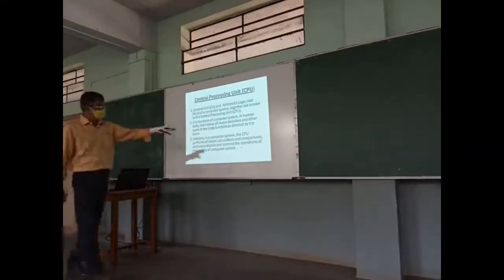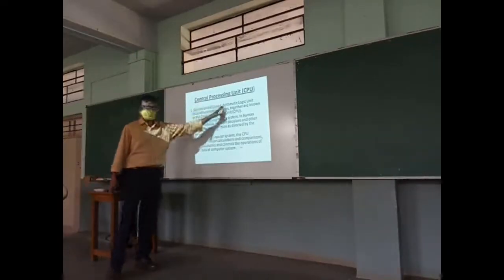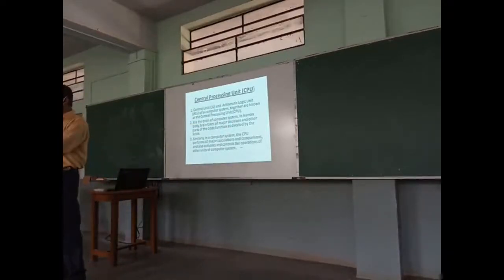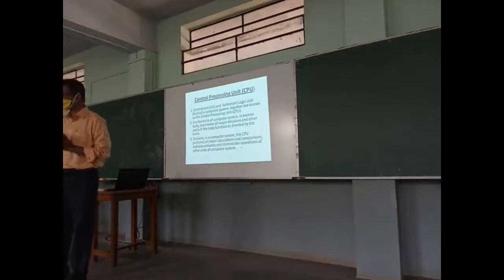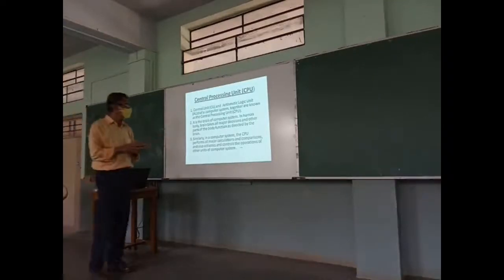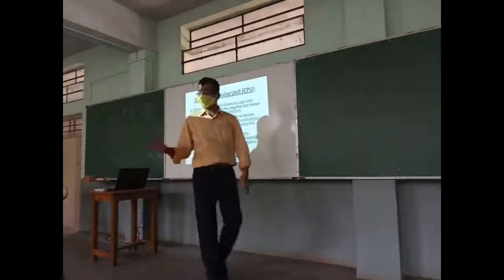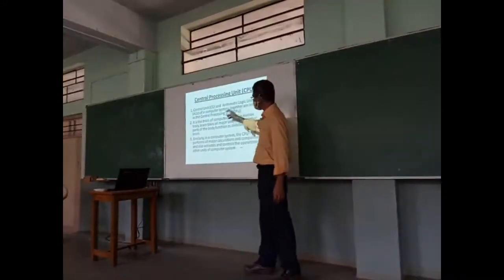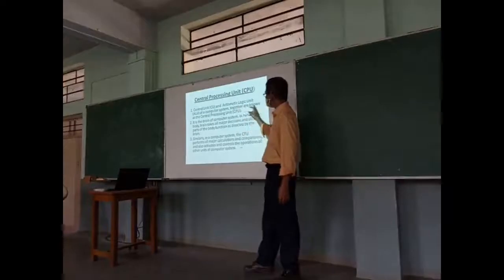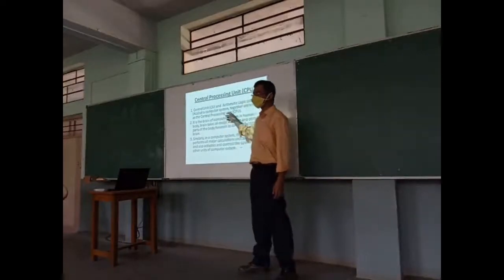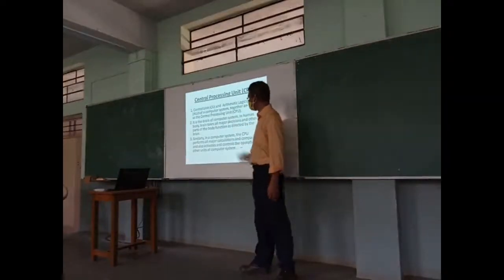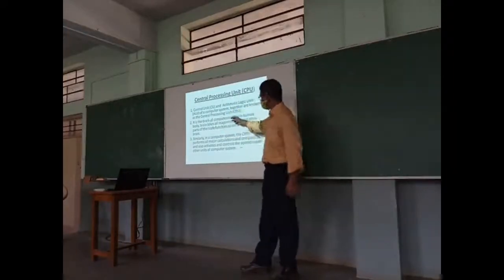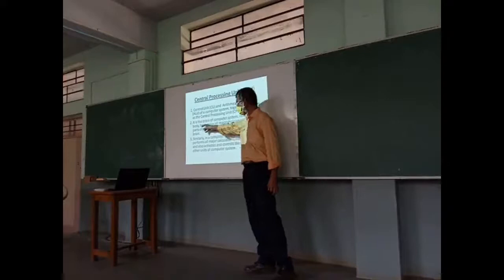Then this is not separate. The central processing unit is not separate. It is the control unit plus ALU together that is called the central processing unit. Okay, it is not separate. It is not the sixth unit. Okay, the control unit and arithmetic logical unit of a computer system together are known as the central processing unit. Okay, so the central processing unit is the brain of the computer system, like the brain in the human body.